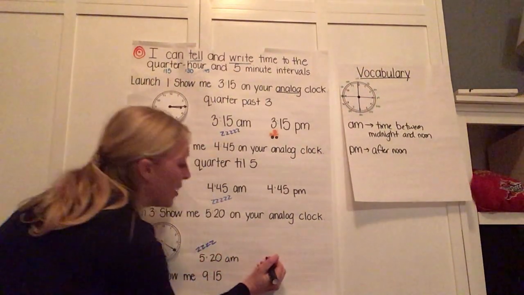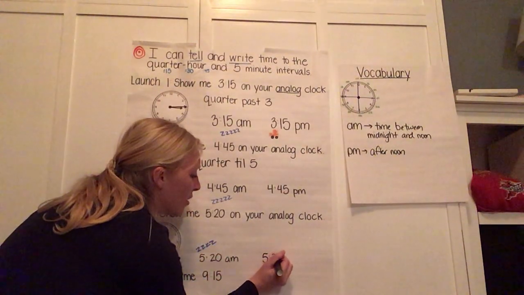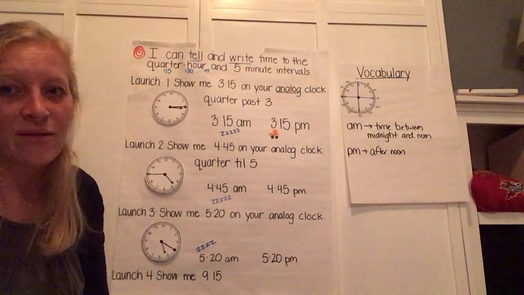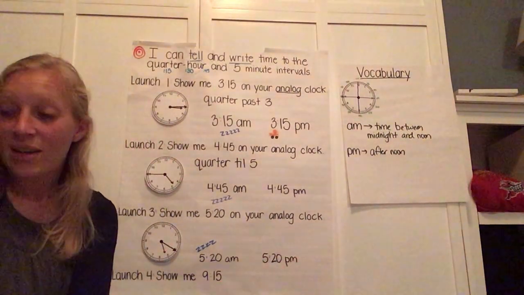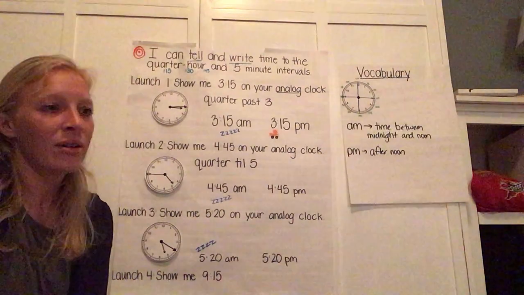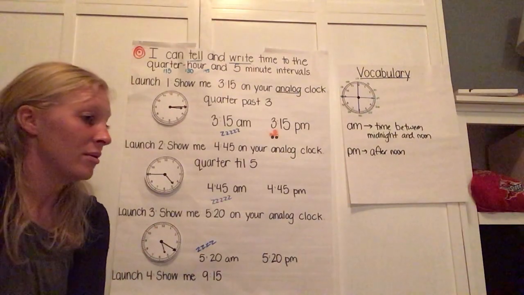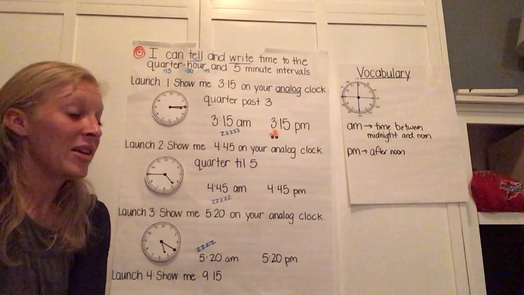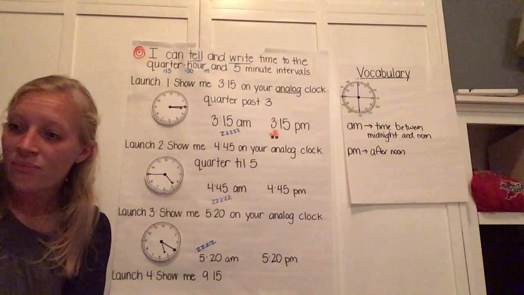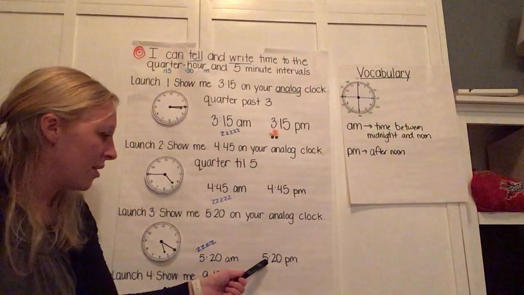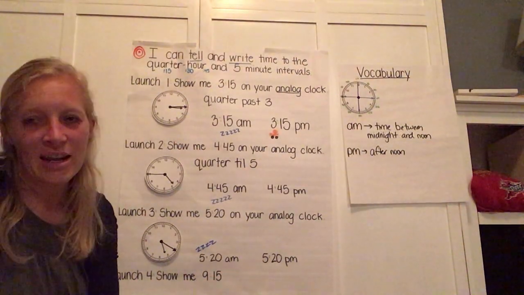What are you doing at 5:20 p.m. in the evening? Eating dinner, getting your lunch ready for tomorrow, having some family time. A lot of you are having dinner. 5:20 is that evening time.